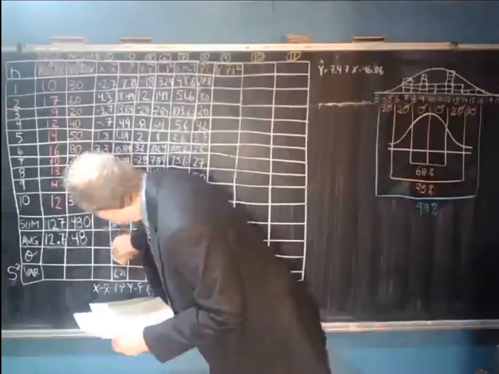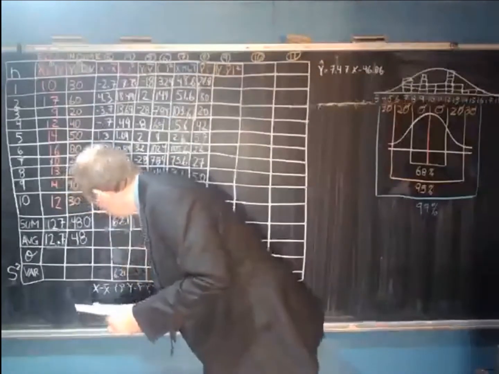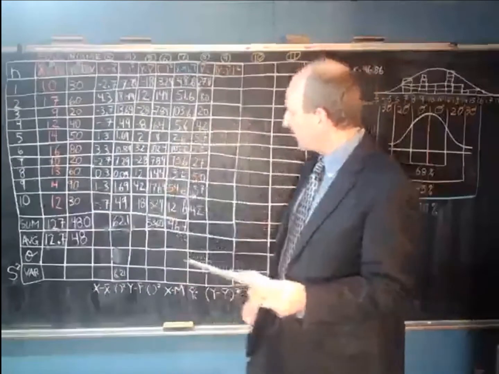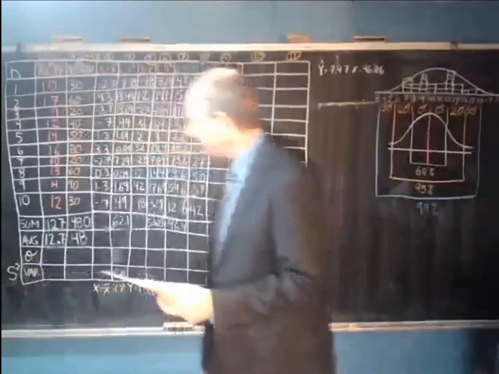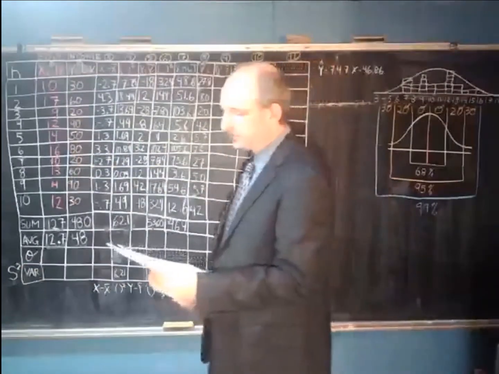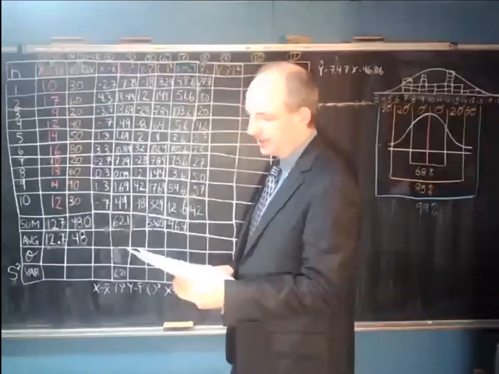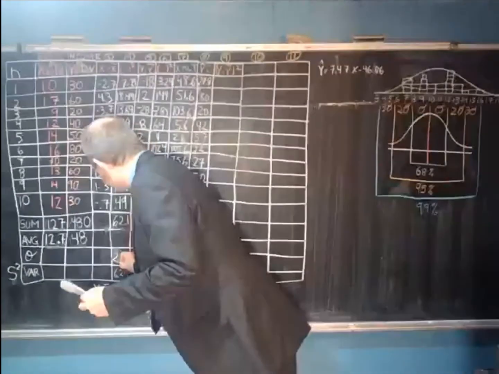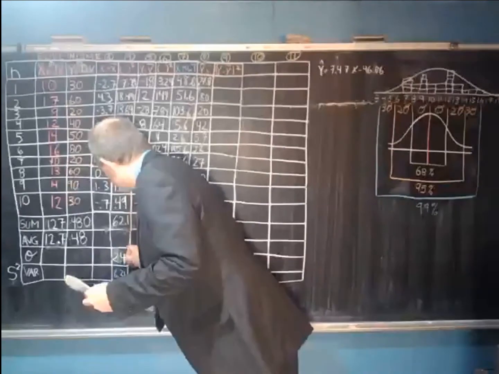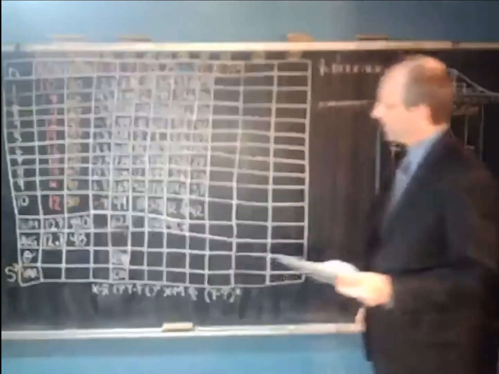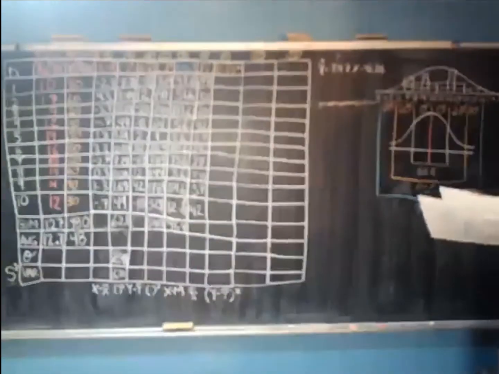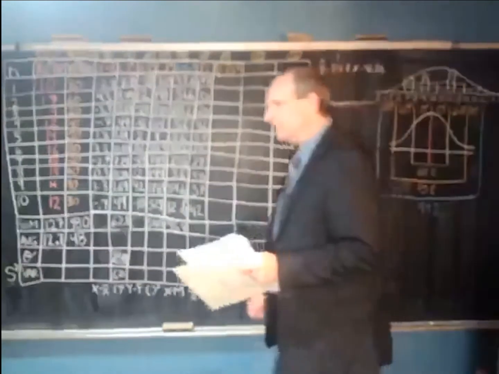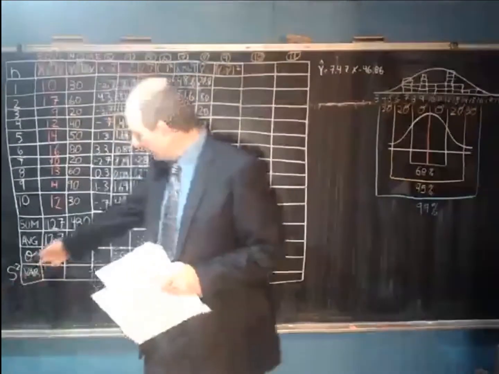Now, to get the standard deviation, we take the square root of the variance, right? The variance is s squared. And so the square root of 6.21 is going to be 2.49. So how do we use this? Well, what is the average time spent in school? We already calculated that. It's 12.7.